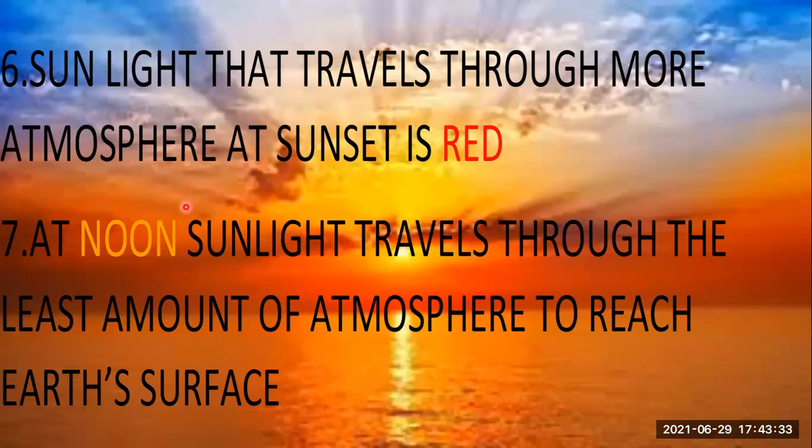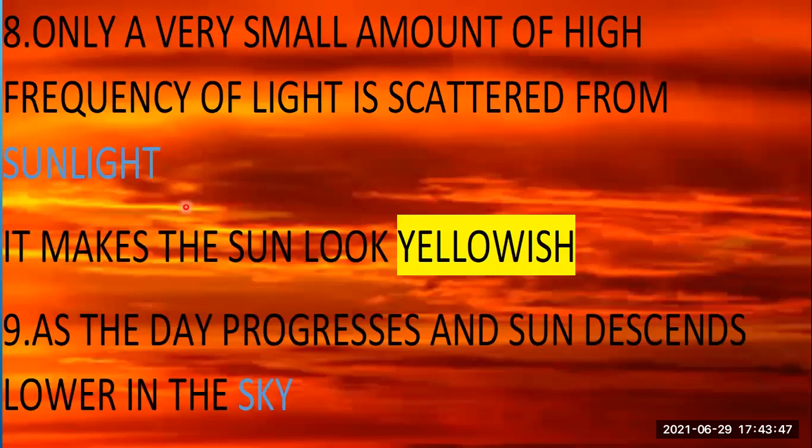At noon, sunlight travels through the least amount of atmosphere to reach us. When it travels the very least distance, only a very small amount of high frequency light is scattered from sunlight. It makes the sun look yellow. Then what happens as the day progresses and the sun descends lower in the sky?